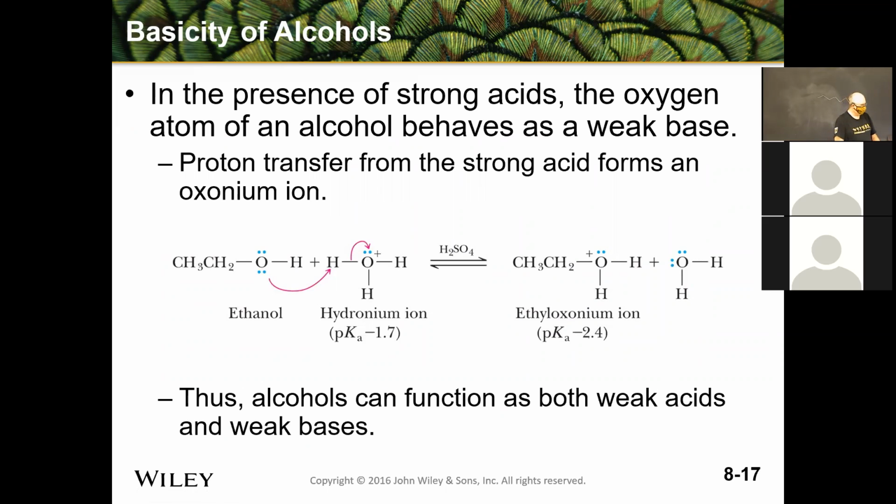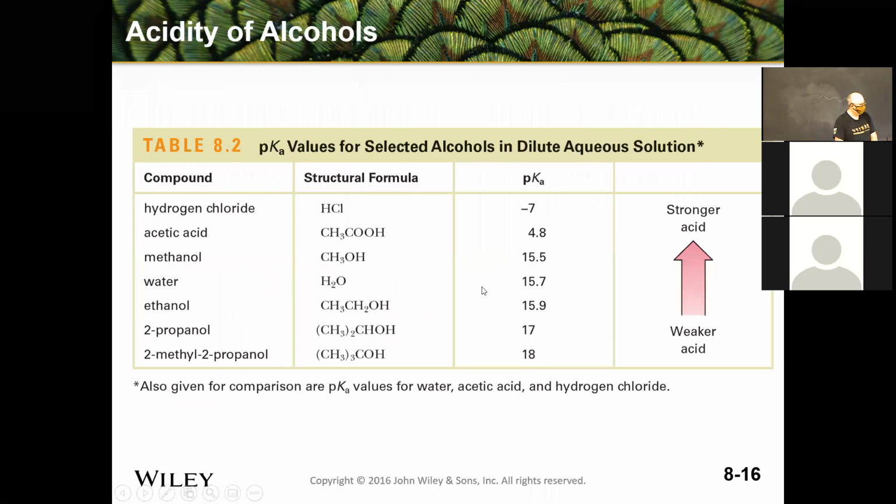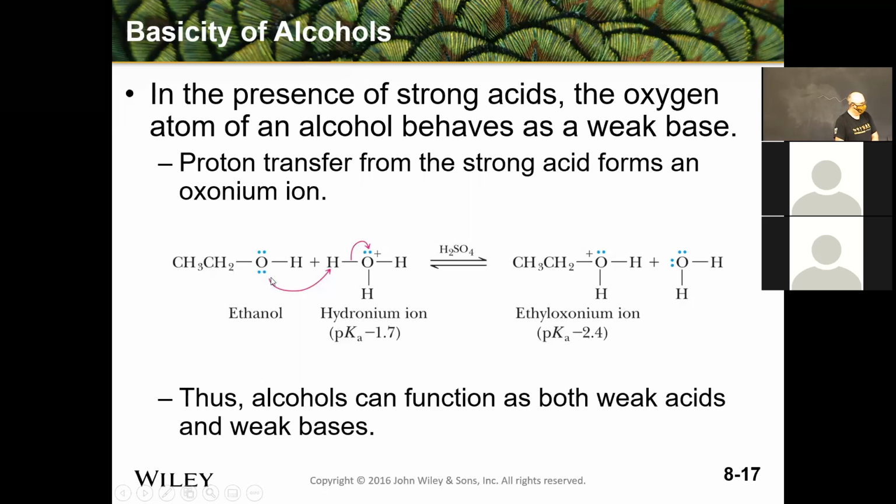Alcohols can behave as bases. In the earlier slide, something else was removing a hydrogen from the alcohol, and we got an alkoxide ion, in this case methoxide. Just like water, the oxygen can get protonated. And this gives us an oxonium ion.